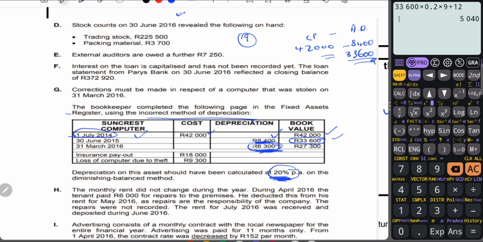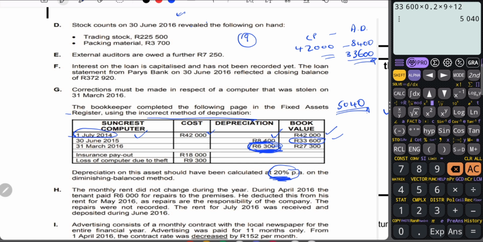This amount was supposed to be 5,040. This is our depreciation now. It's 5,040, not the one that we are given on this one. Hence they said they used the incorrect method of depreciation. The correct one is that one now.